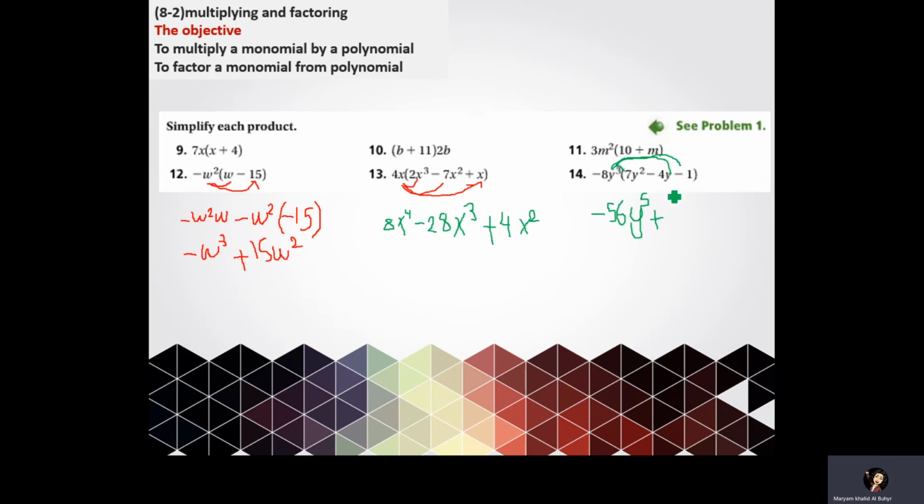It's what? 8 times 4, 32. Y to the power 4. Y, it's to the power 4. 3 and 1, it's to the power 4. Minus, minus, it will be plus. 8 times 1, it's 8. Y to the power 3.